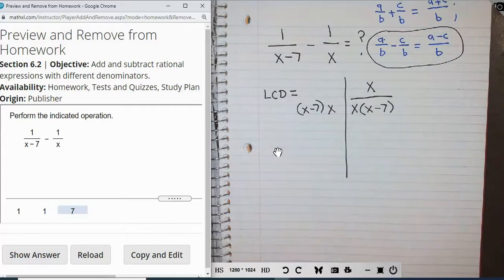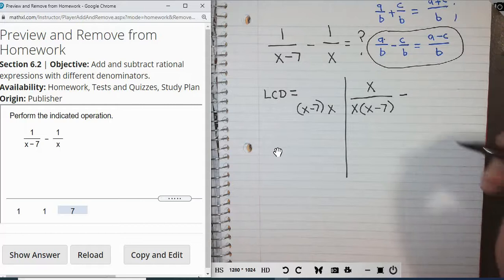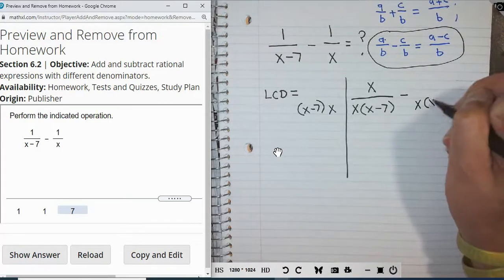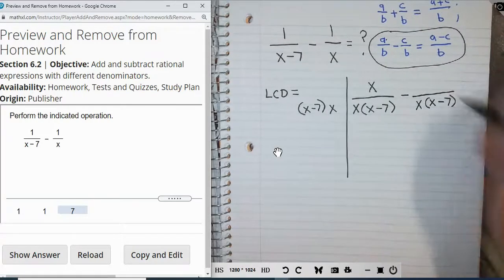Again, notice that what we're doing here is multiplying by x over x, which is a form of 1. And then again, we are subtracting in this case. Then we have to write that other one as an equivalent rational expression. Our least common denominator here would be x times x minus 7.